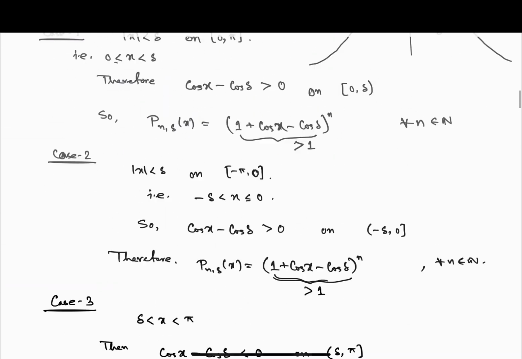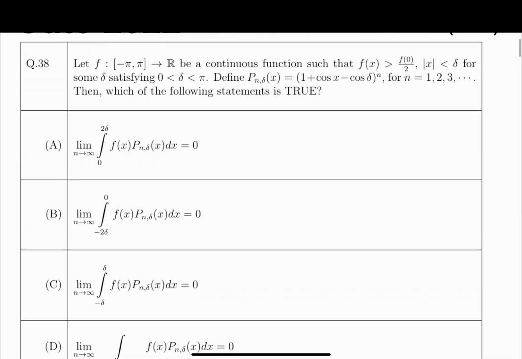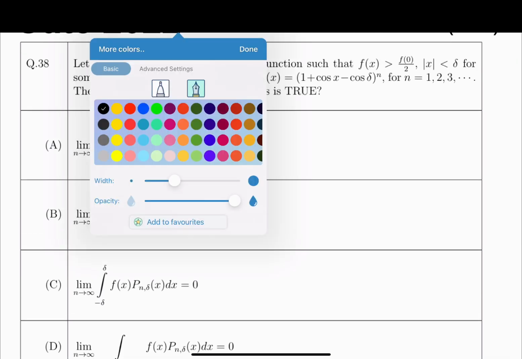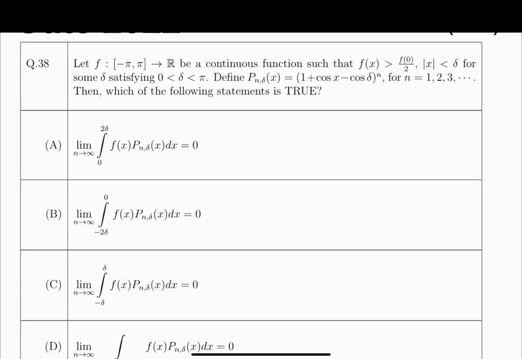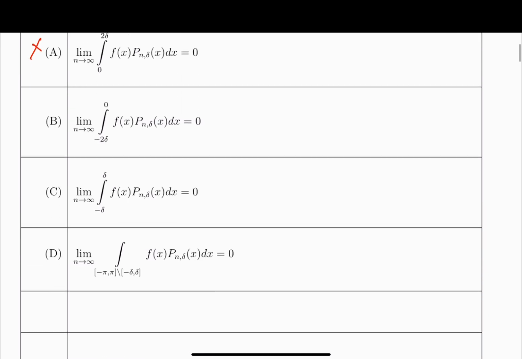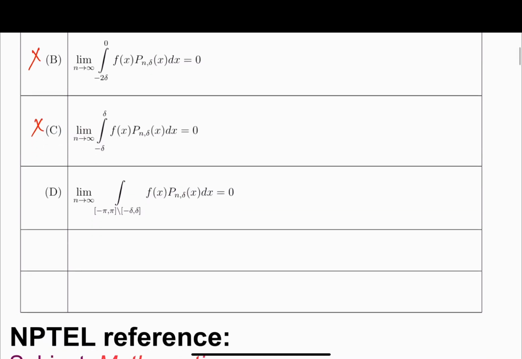So what we have got is that option A is not correct, because we have shown that from 0 to delta range it is infinite, so option A is false. Option B is again false because minus delta to 0 is again infinite. Option C is again false because minus delta to delta again goes to infinity.